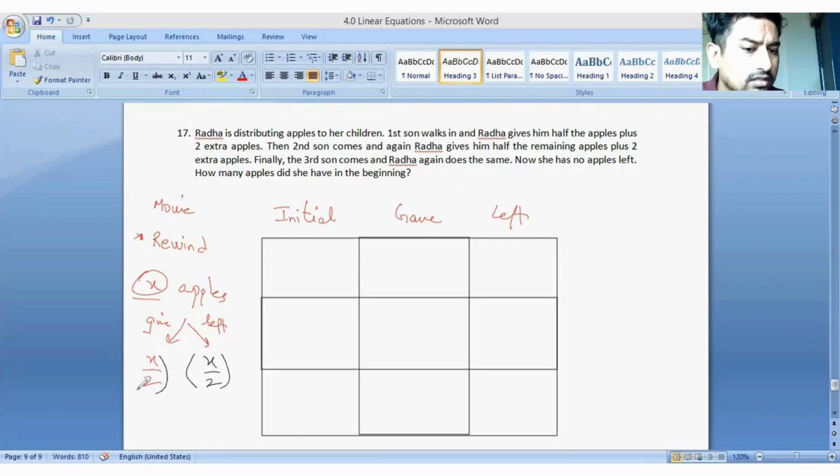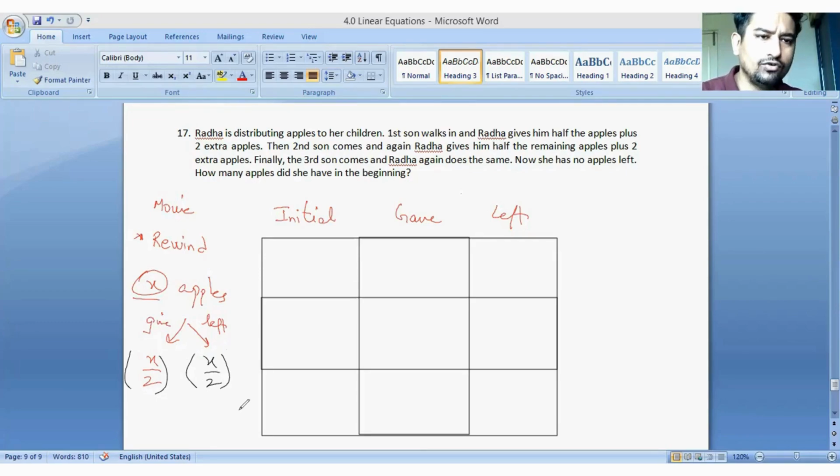What does that mean? This is important. Listen to this statement very carefully. If I give you half of what I have, I will also be left with half. That means whatever I gave you is equal to what I have left. Always remember this. If I have 10 apples, I gave you 5, I will also be left with 5.